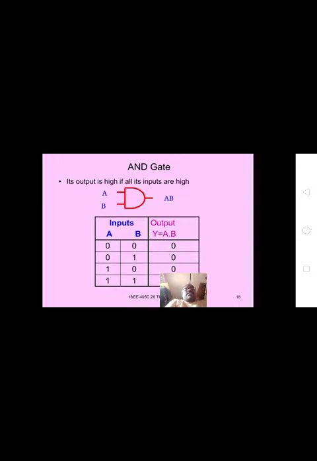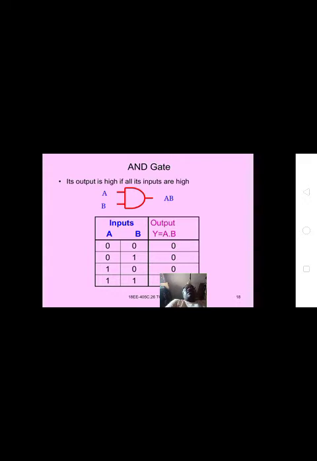Now AND gate. Its output is high only if all the inputs are high. Here inputs high means they must be equal to 1. Inputs low means that must be equal to 0.